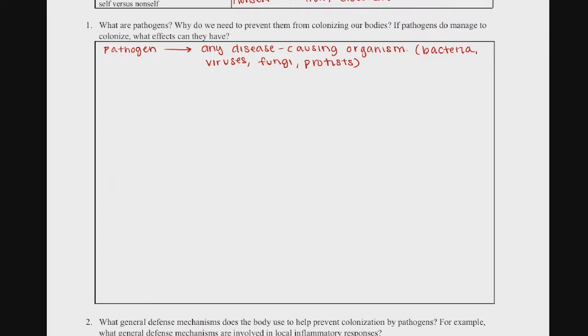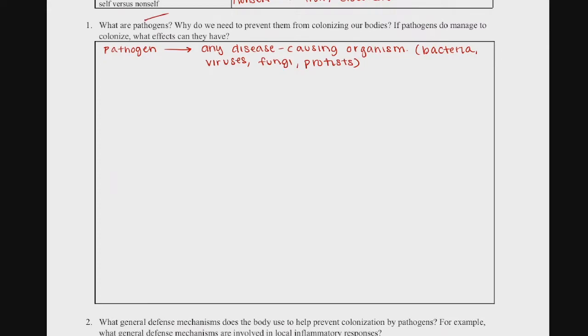The cells of our bodies contain every component that is required for life, and these components support the lives of our own cells, but as a trade-off can also support the lives of pathogens. So pathogens can compete with our own cells and potentially destroy them, and that answers that.